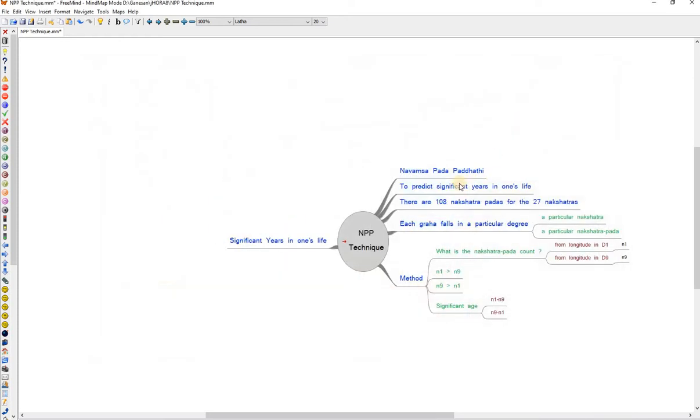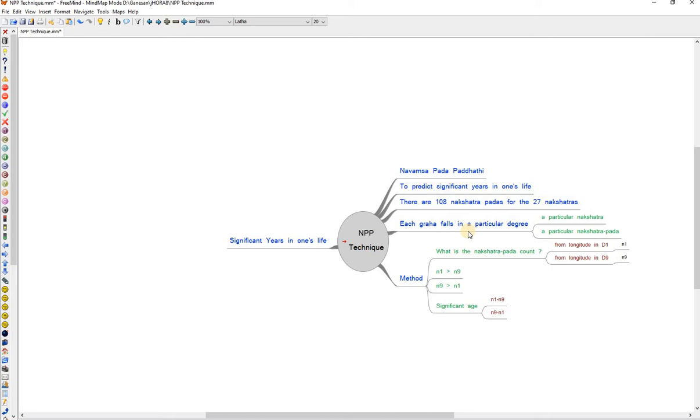What it says is that to predict significant years in one's life, that is done from the nakshatra-padas. Very simple technique. There are 108 nakshatra-padas. We all know that there are 27 nakshatras, and each pada falls in one navamsa.